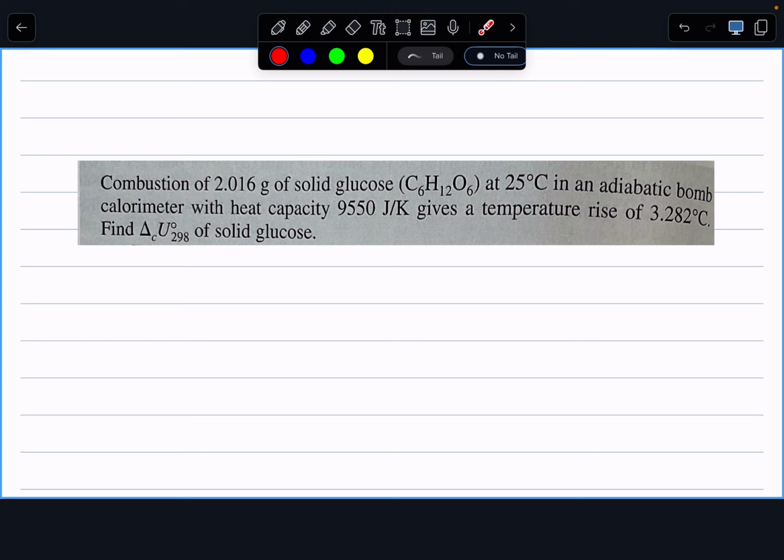Assuming we have combustion of 2.016 gram of solid glucose at 25 degrees Celsius in an adiabatic bomb calorimeter, with heat capacity given, and we tell you the temperature rise of 3.282 degrees Celsius, and ask you to find the delta C U 298. I really don't like this notation, but this one just says that's the delta U 298 for 1 mole of glucose.